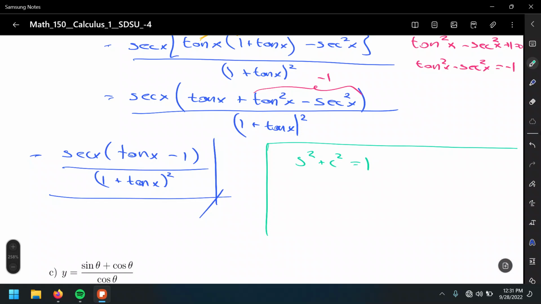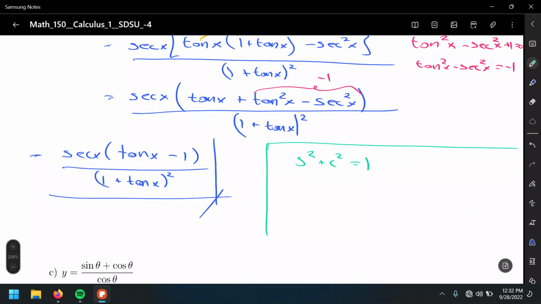That one is easy to remember. That one we use all the time for many reasons. We use it to prove basic identities, and that's also related to the unit circle where the x is the cosine, the y is the sine. This identity we can memorize, right? Are we good with memorizing this identity?